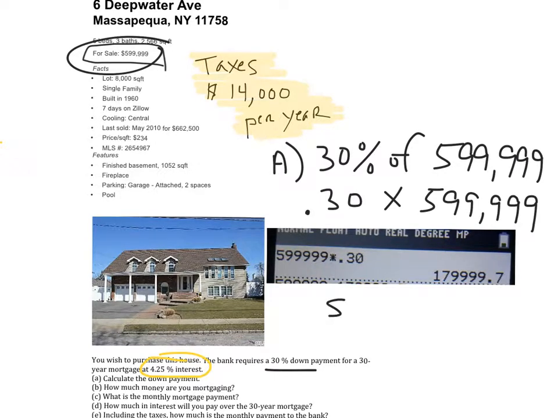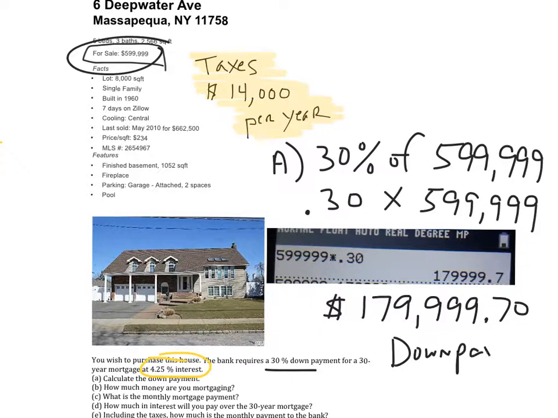So here the down payment for letter A is $179,999.70. You always go to two decimal places, and this is our down payment for the house.